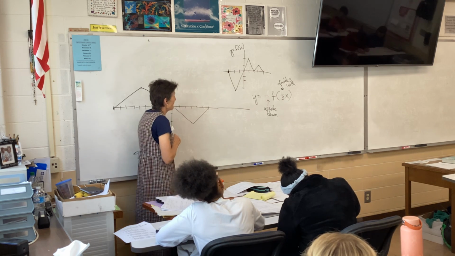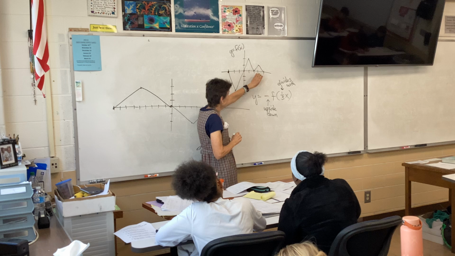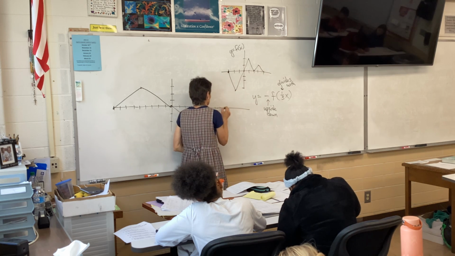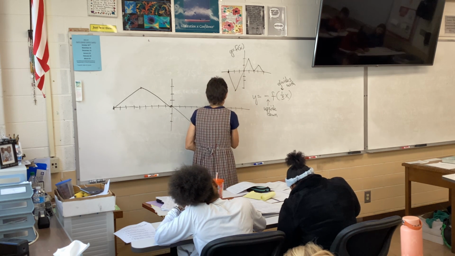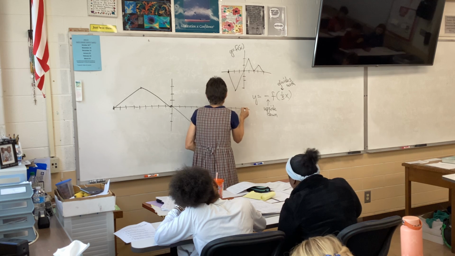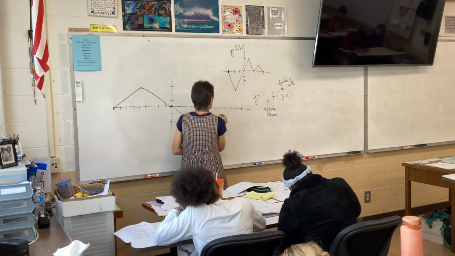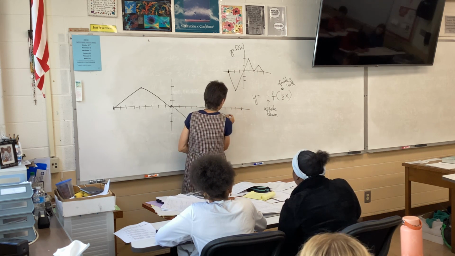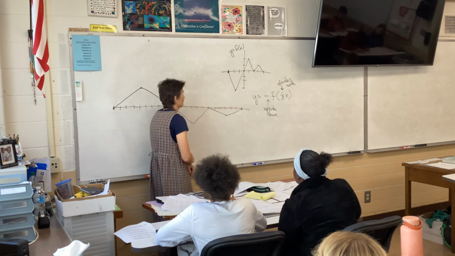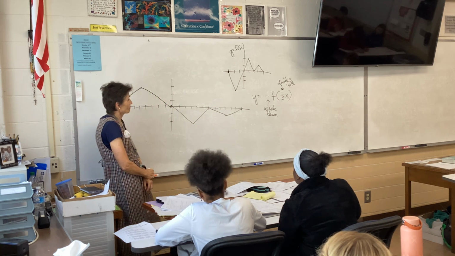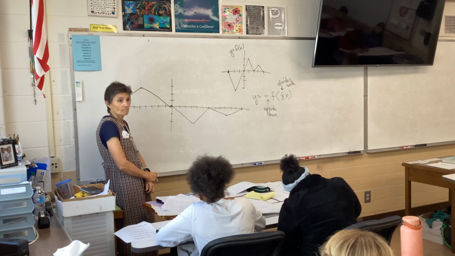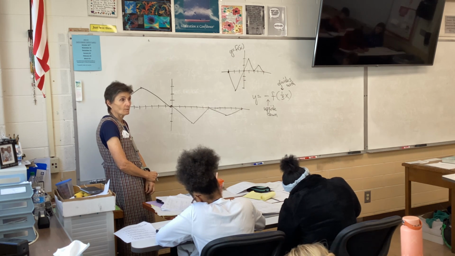Likewise, this little triangle is also going to be 6 across. It's also going to be coming down, but it only comes down 1 because it's short. Okay?